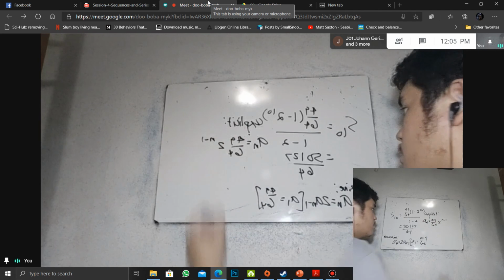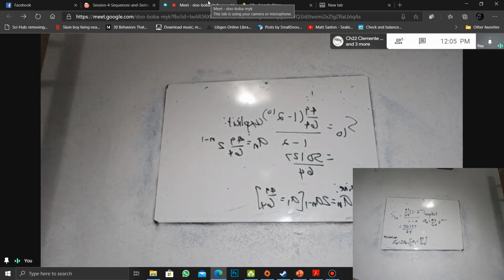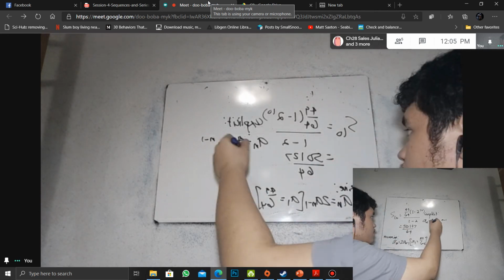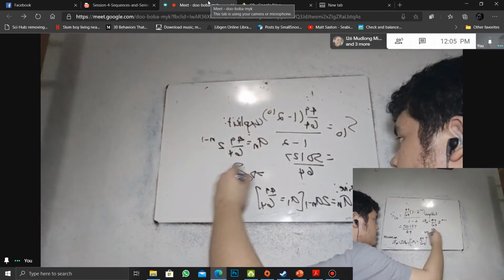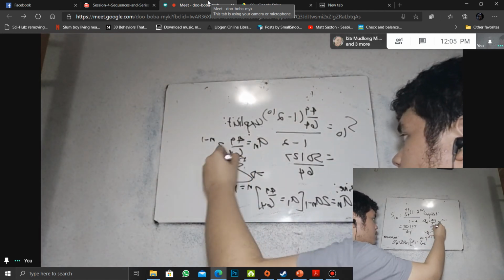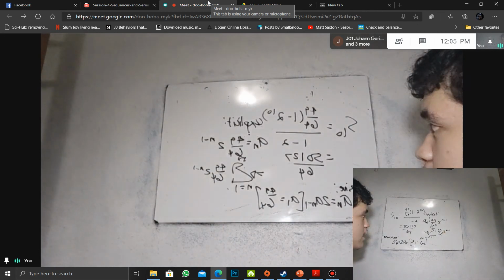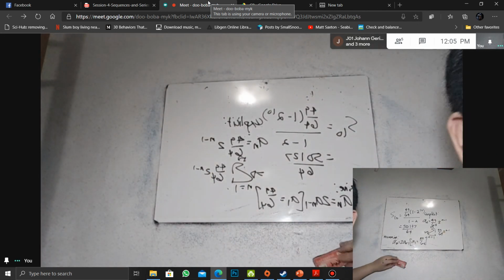As simple as that. Letter E, express the first 50 terms in summation form. So, ito lang. Summation. Yan na. And lastly, if the sequence is in arithmetic sequence, find the common difference.